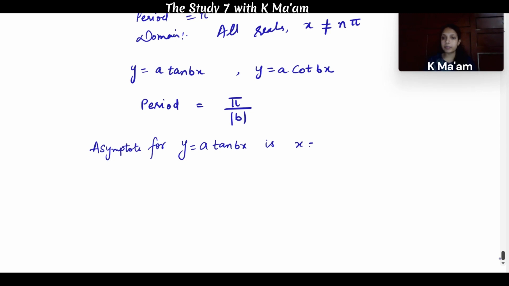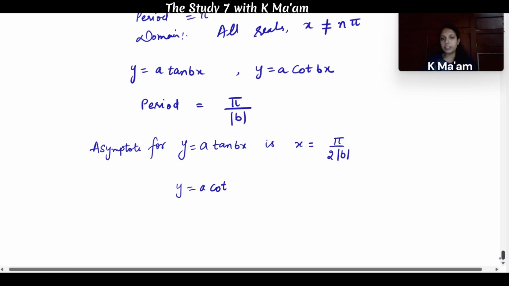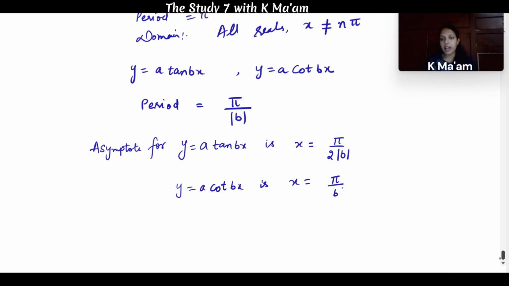When x is an odd multiple of pi over 2 absolute b. For the asymptotes of y equals a cot bx, x equals multiples of pi over absolute b, integer multiples.